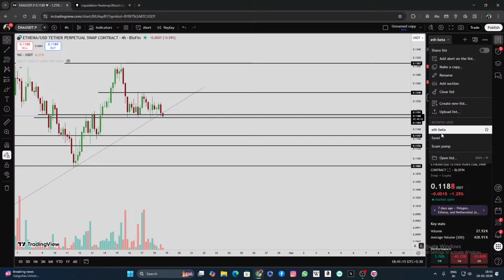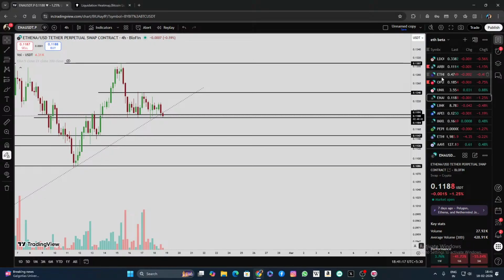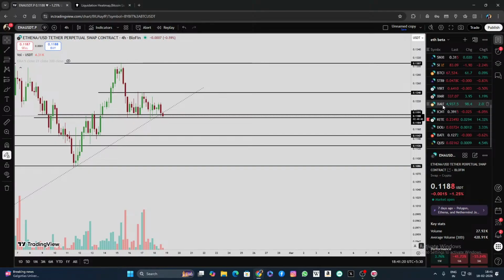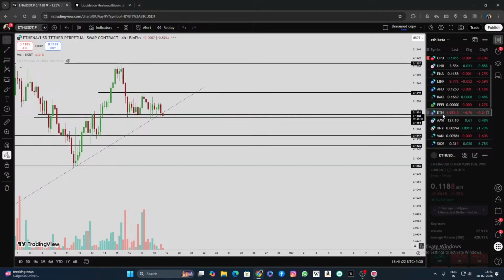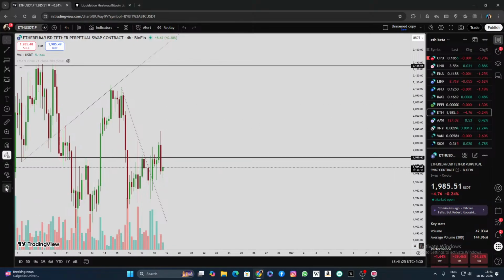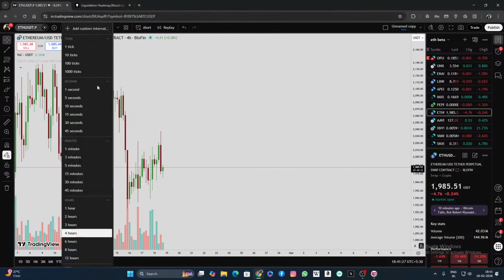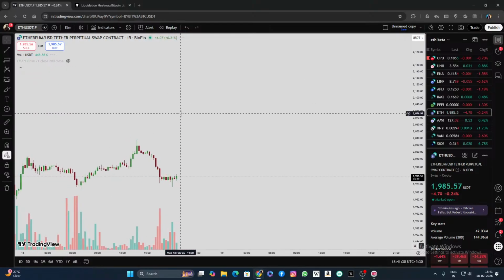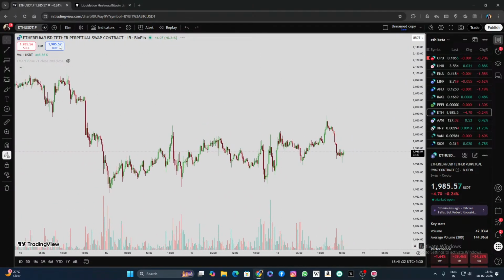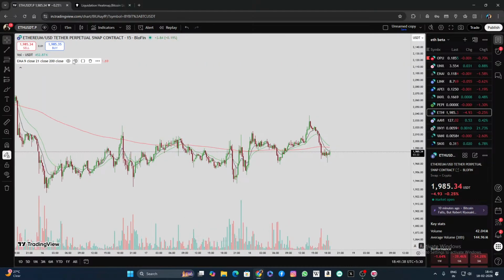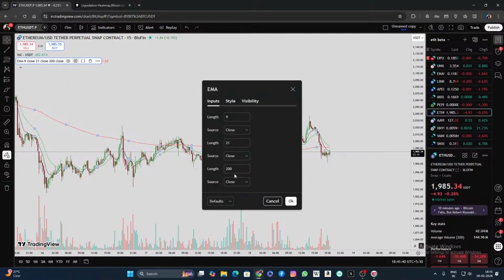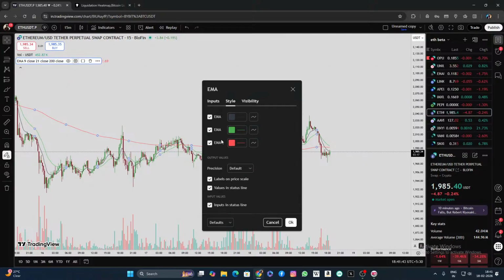So let's do scalping in ETH. Let's do some scalp. Let me remove all of this and open 15-minute time frame chart. Let's just close this and let's just keep the 9 and 12.